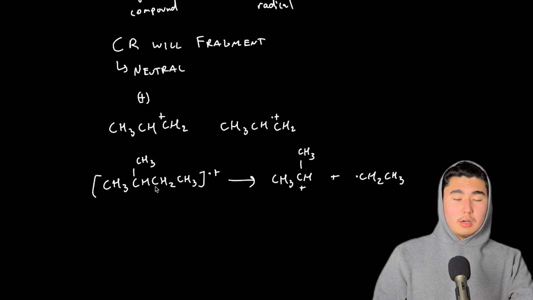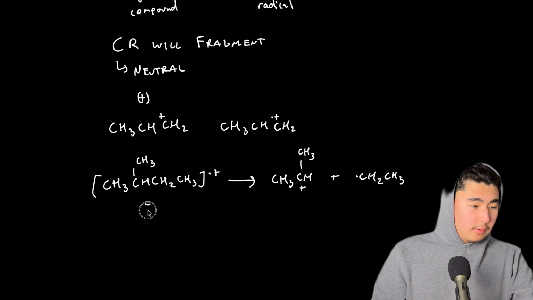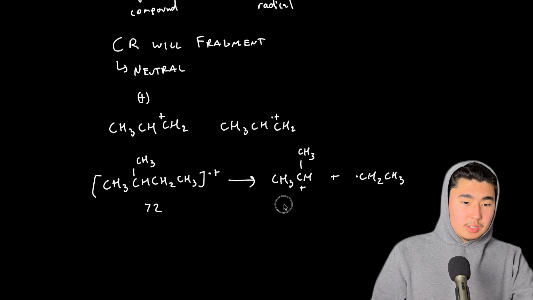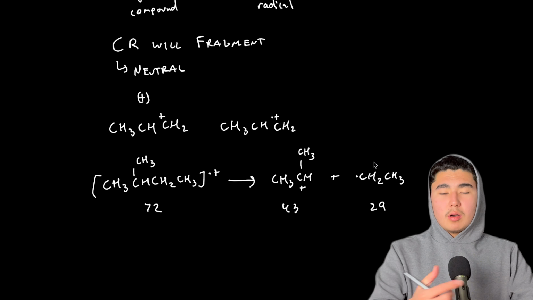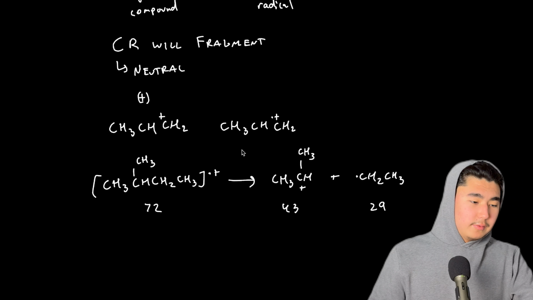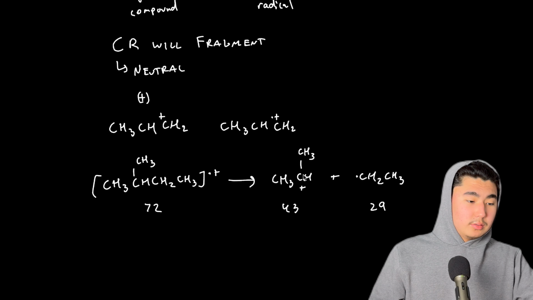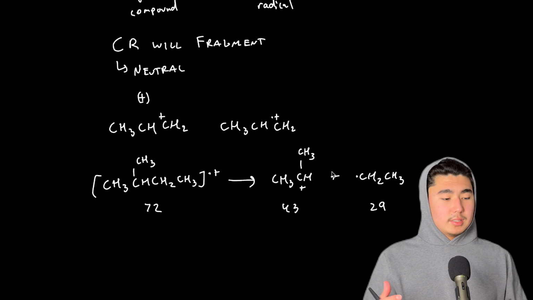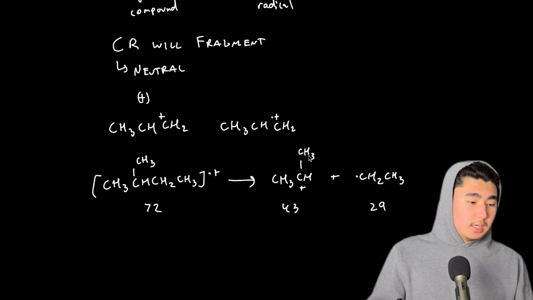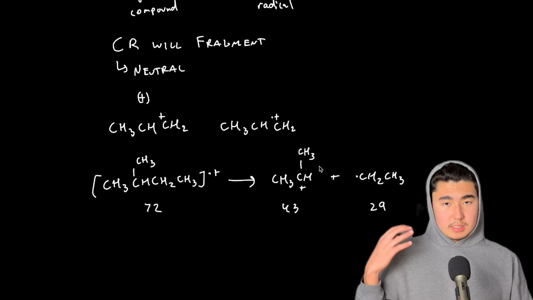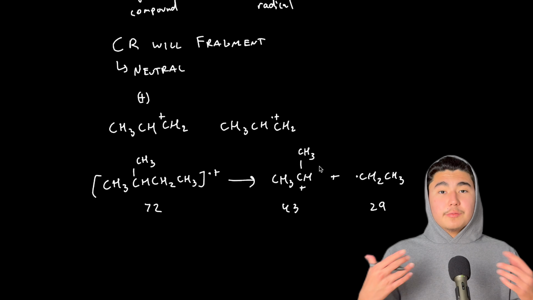Our starting molecule is going to have a mass to charge ratio of 72, and this one is going to have 43, and this one is going to have a 29. Where I got those numbers from is just the molecular weight of each of these. Since we have 1, 2, 3 carbons, 3 times 12 is 36. And then we have 7. So 36 plus 7 gets you 43.